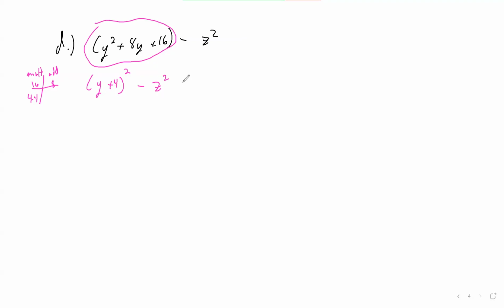So when this happens, since these are both perfect squares, what I can do is I can go, all right, well, since I have two of them, I'm going to write both of them out. And since I have two z's, to make it a negative, that would mean that one's positive and one's negative.